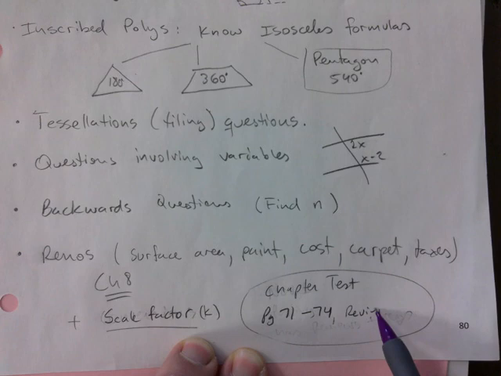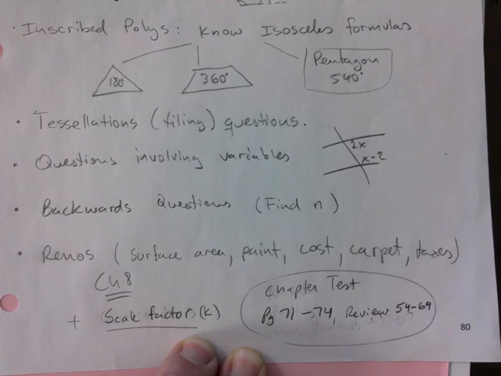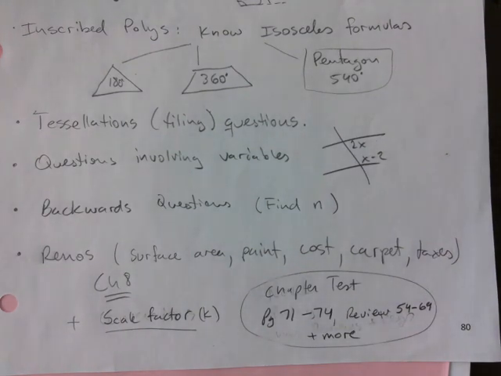There's a review on 54 to 69 plus more. If you look at the keys, basically the back of this booklet is all keyed out and posted, right? And I'll give you a quick review on scale factors.